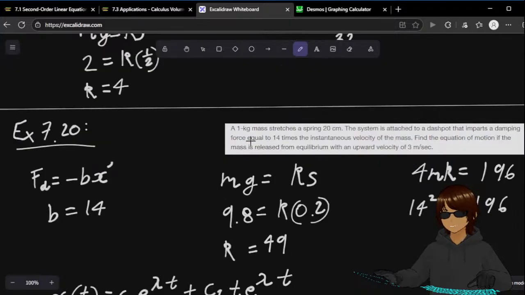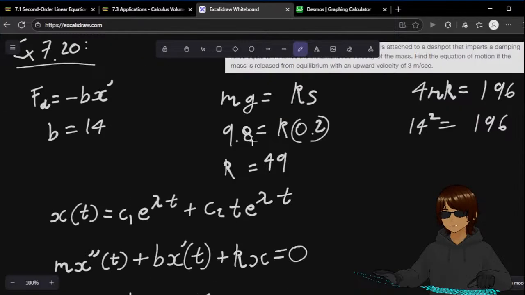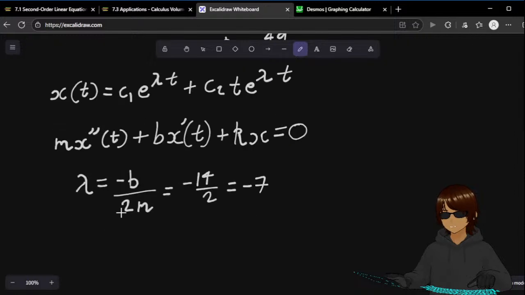And when t is equal to 0, x is equal to 0. So x(0), this is 0, is equal to C1, which is 0.